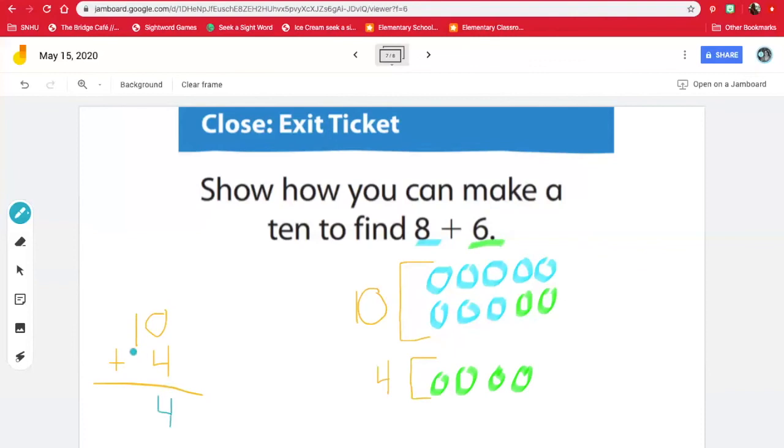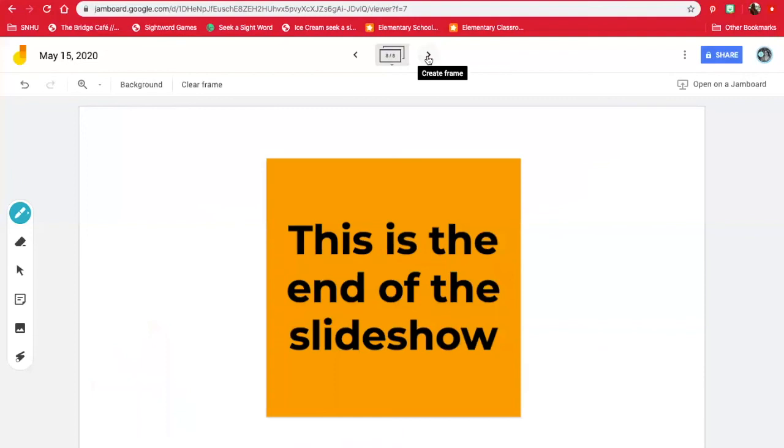And then I'm going to drag the 1 down. So 10 plus 4 equals 14, which also means that 8 plus 6 equals 14. And that is the end of our slideshow for today.